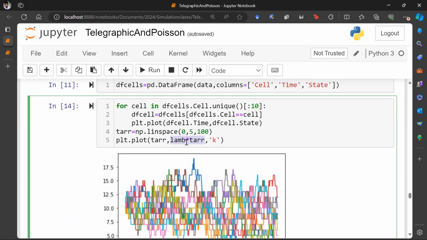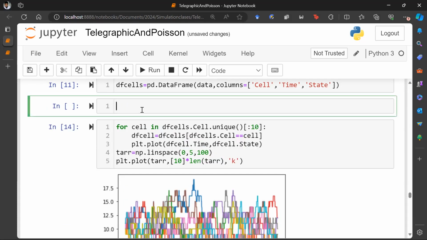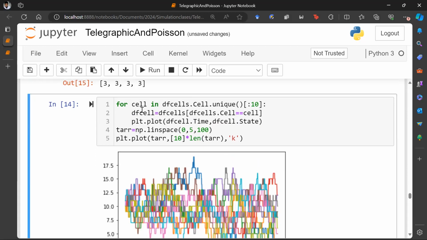So I can plot this. Plotting 10 times 10 uses a Python array. If I multiply a Python array by an integer, it is going to give you an array of that number. For instance, here I have an array of 3 times 4.